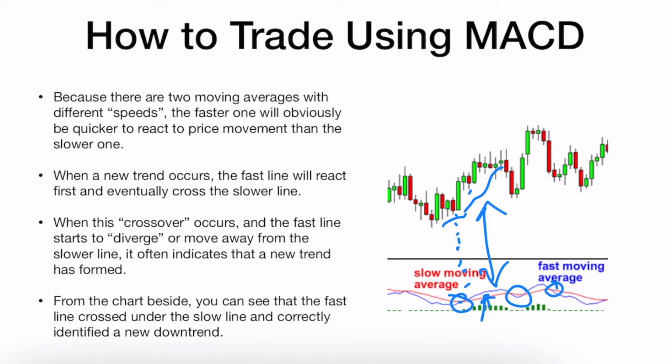When this crossover occurs, the fast line starts to diverge, as you can see here, or move away from the slower line, and it often indicates a new trend, as I said. From the chart beside, we can see all of these things.